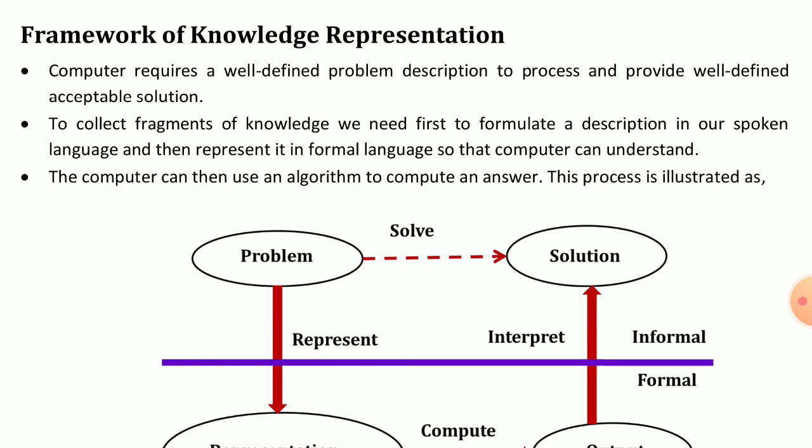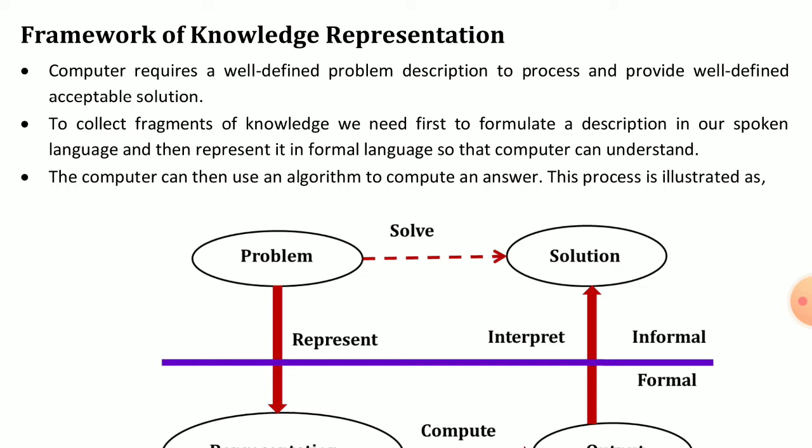So computer can convert string into binary language, and then we can get the results. So here we take one problem and find out the problem's solution. Computer uses different algorithms, different methods, and then gets the results.